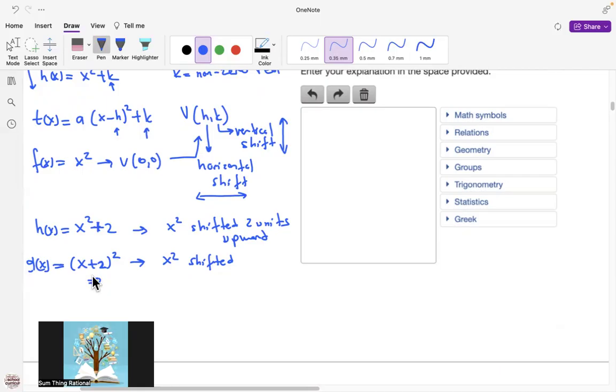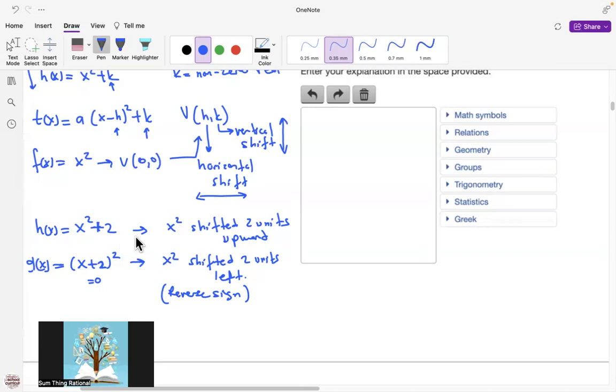So x is equal to negative 2, and because of that, x squared is shifted 2 units left. We should not confuse this. When there is a horizontal shift, we should think about the reverse sign. When there is a vertical shift, no problem, we can think about the same sign.